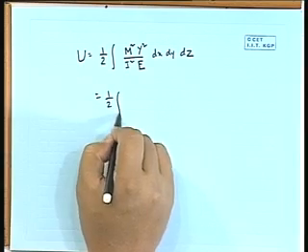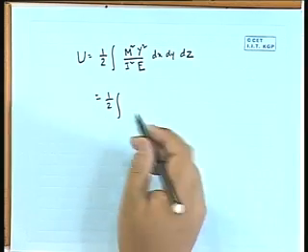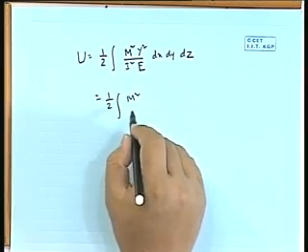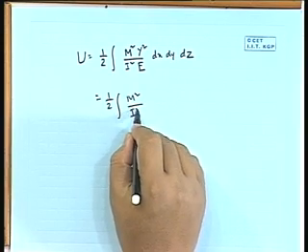Now, this half, this M square by I square E.